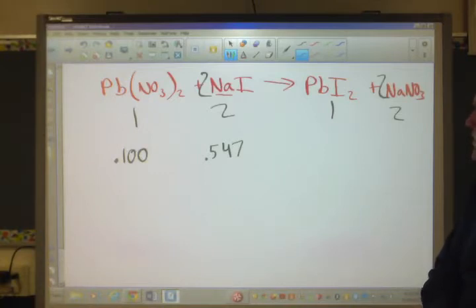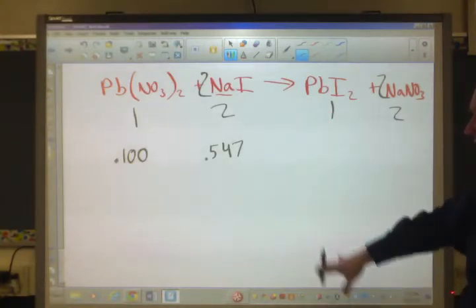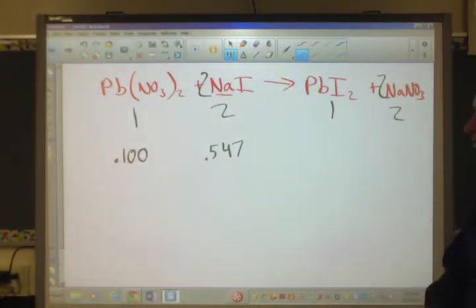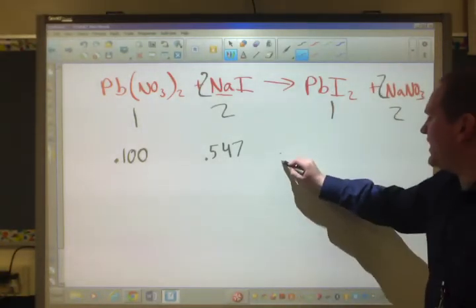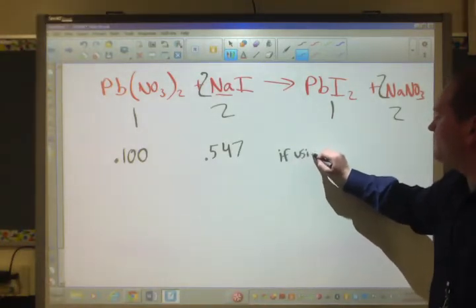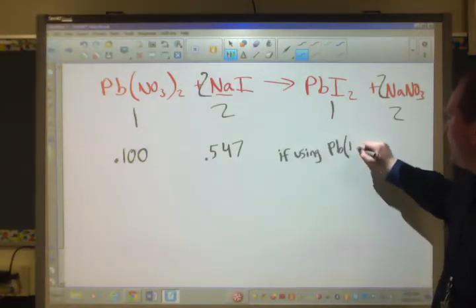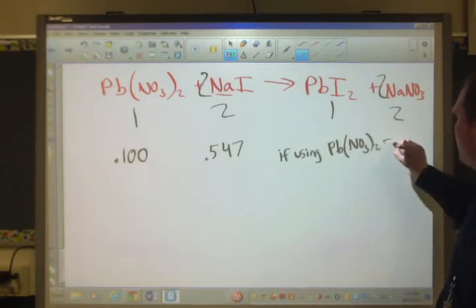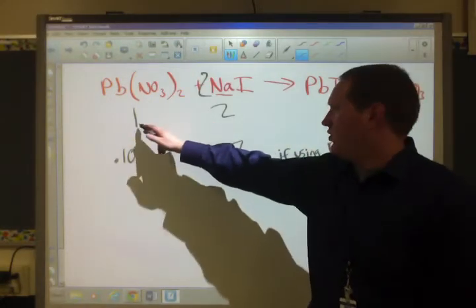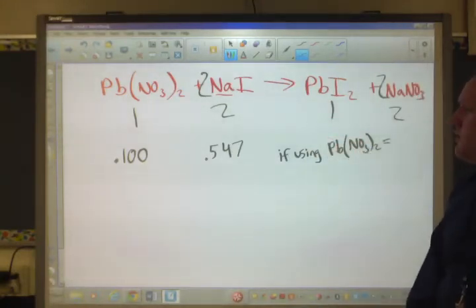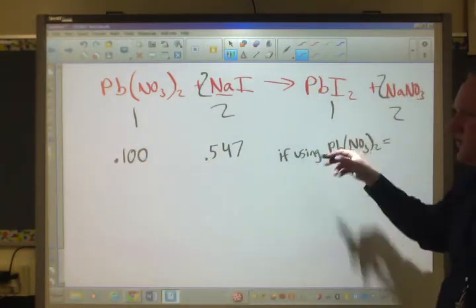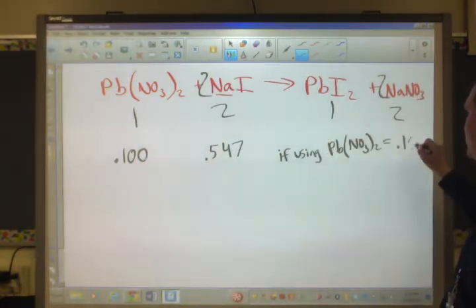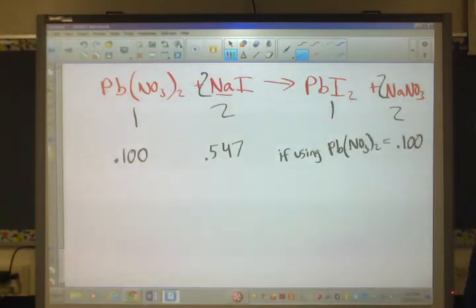Alright, so even if you know what the limiting reactant is going to be, it's still worth solving it out, because you're going to need that information afterwards anyway. So, for lead 2 iodide, if we use Pb(NO3)2, look at the mole ratio, 1 to 1, so it's going to be the same. If I set this up with an x, 1 over 0.100 equals 1 over x, cross multiply, x equals 0.100 moles of lead 2 iodide.